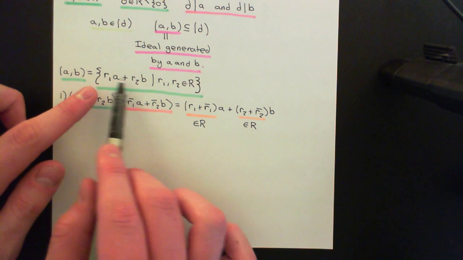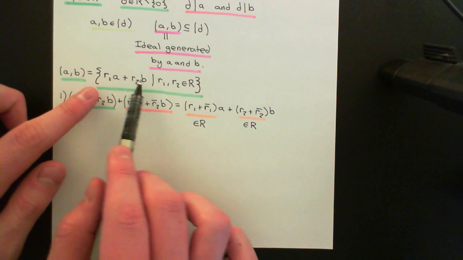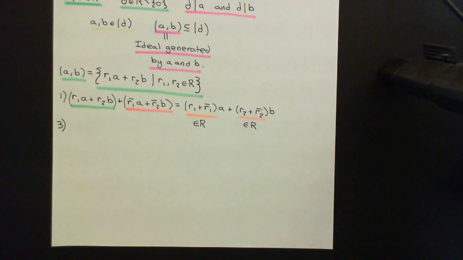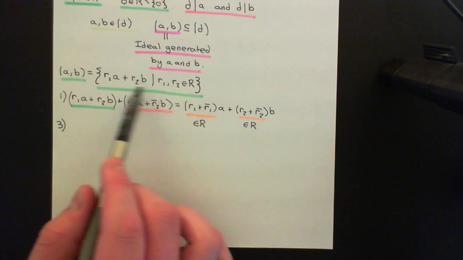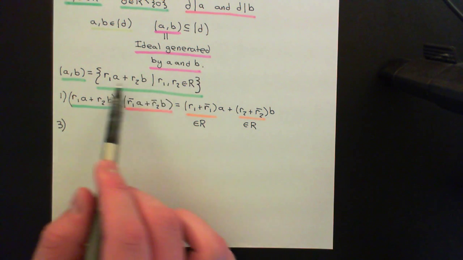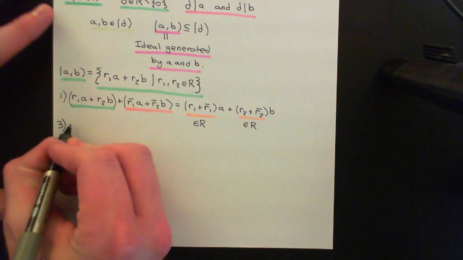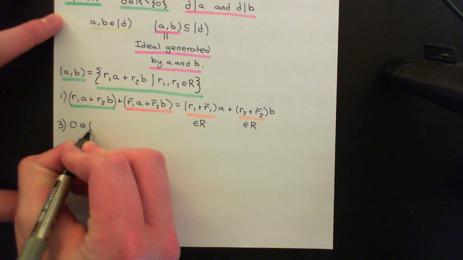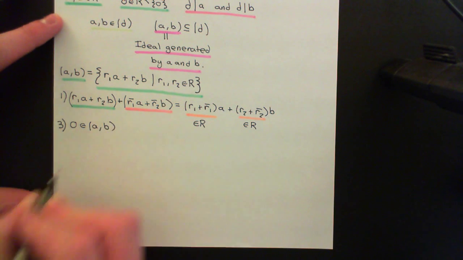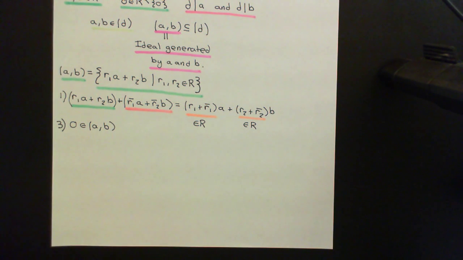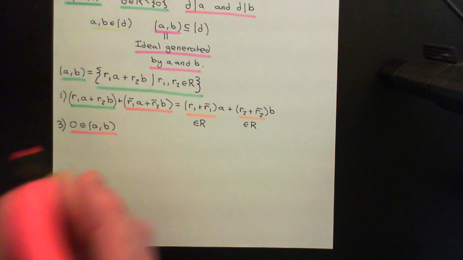So both of these will turn into the additive identity, and then I'll add two lots of the additive identity together to get the additive identity back again. So the additive identity is going to end up being in this set. Okay, so end of proof, 0 is going to end up being in this set, the ideal generated by A and B. Okay, so that's fine.